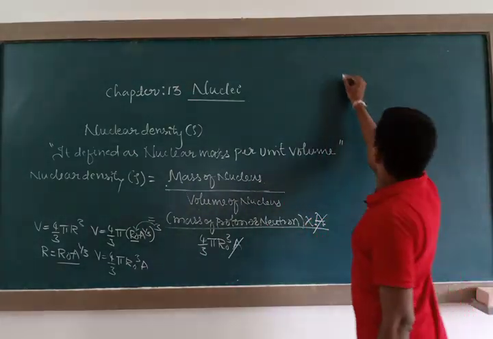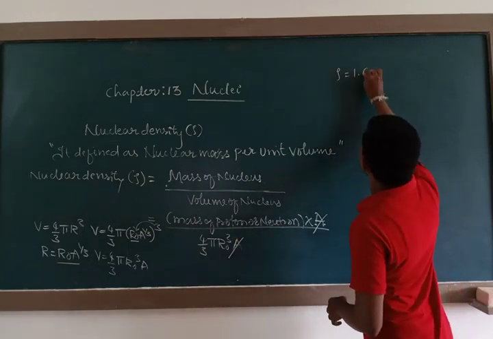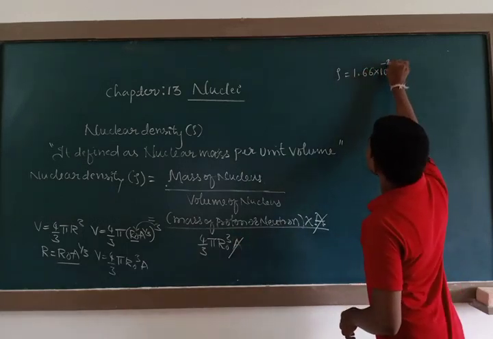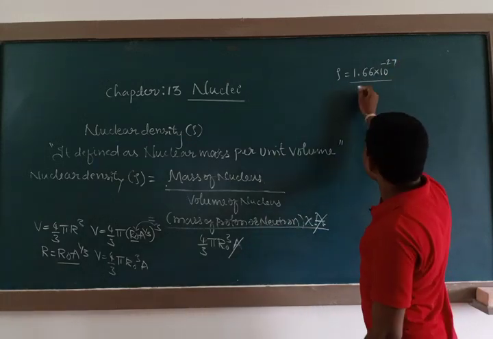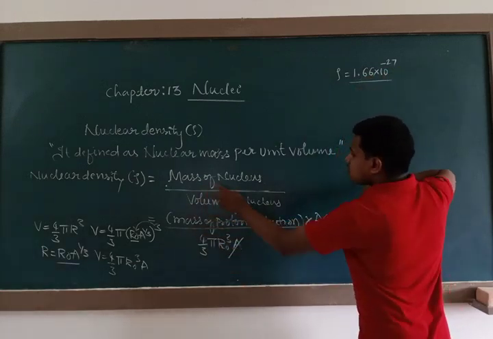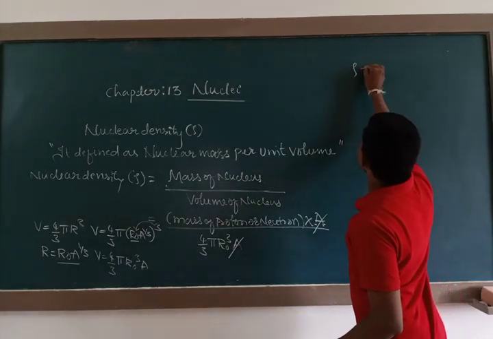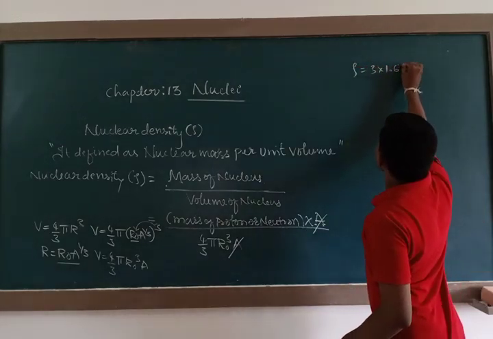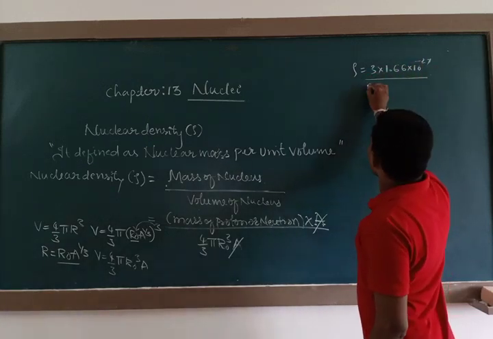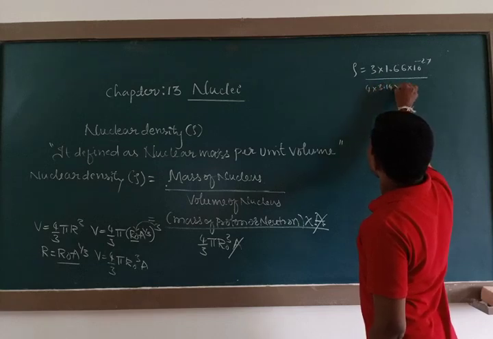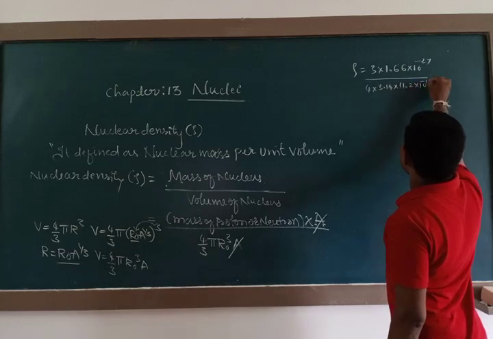Therefore, nuclear density rho is equal to the mass of a proton or neutron, 1.66 into 10 power minus 27 kg, divided by 4 by 3 pi r naught cube. The 3 should be taken to the numerator. So rho is equal to 3 into 1.66 into 10 power minus 27 upon 4 into 3.14 into r naught, 1.2 into 10 power minus 15, whole cube.